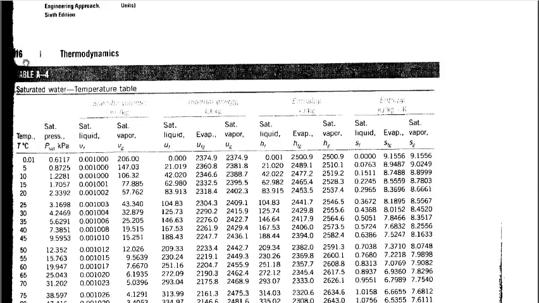If it doesn't, don't worry about it. You might have a different version of the textbook, but no matter what, you should at least have a table A4 in the back of your book, okay? And you'll notice that the title of this table is Saturated Water Temperature Table. What that means is this is giving the data for water when it's saturated, that is the two-phase region, and the data is sorted by saturation temperature.